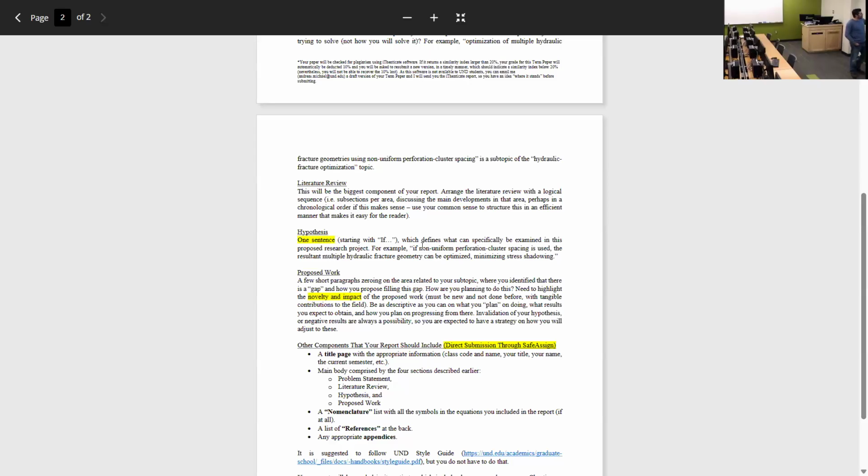Be as descriptive as you can on what you plan on doing. Plan in inverted commas, because I don't expect you to actually do the work. You are going to propose work that is realistically possible to do. This is what the professor wants to see: what results you expect to obtain and how you plan to progress from there.